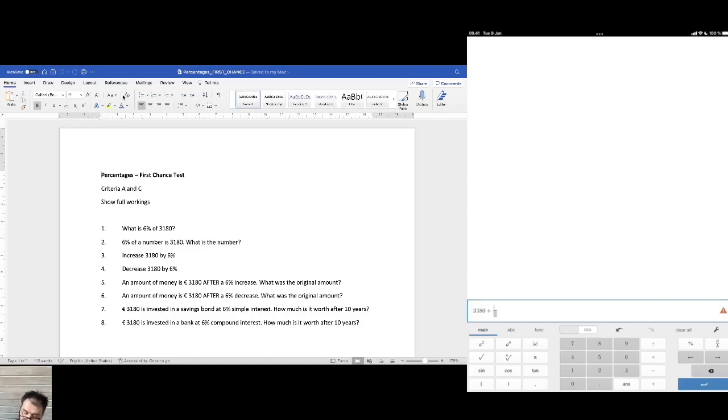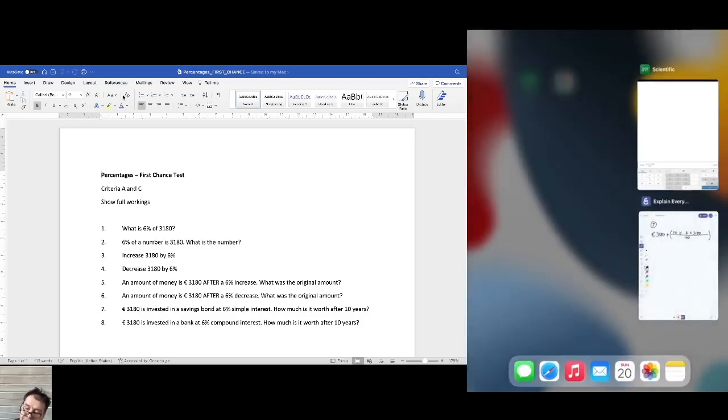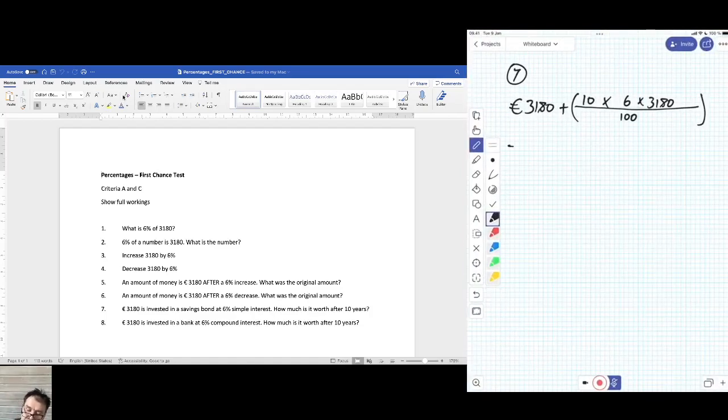I'm going to make a big fraction, so 10 years times 6%, so that's 6 on the top, 100 on the bottom for 6%, times the original amount on the top, 3,180, and that comes to 5,088. So equals 5,088 euros.